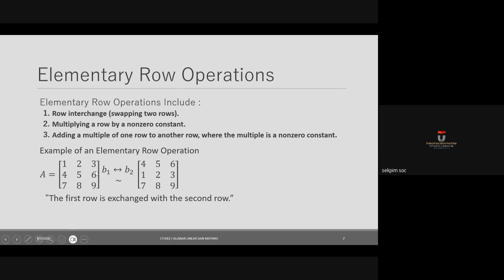Such that after one elementary row operation, where we use the first kind of row operation, you will have this matrix. This is the matrix after you do one ERO by interchanging the rows.